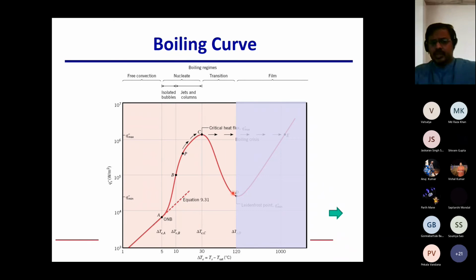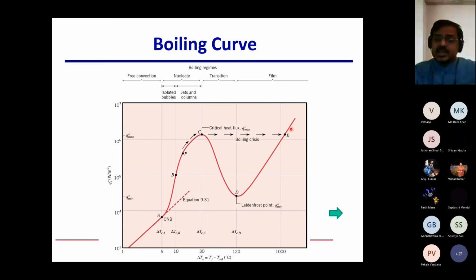It comes down and then it reaches a point after which it again starts going up, and this is the film boiling regime.